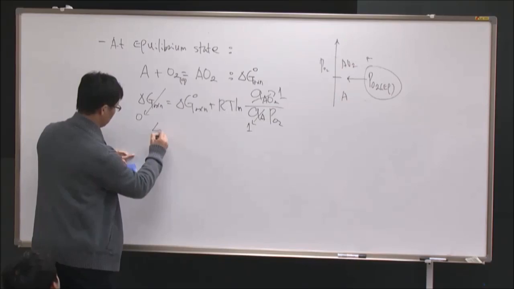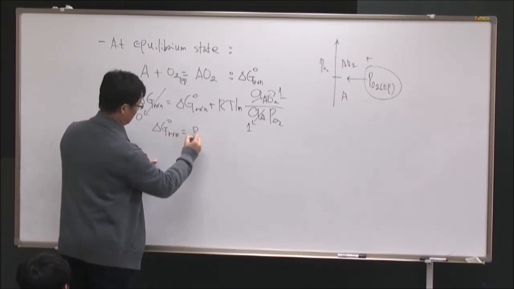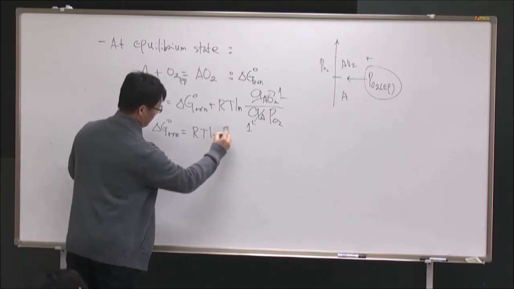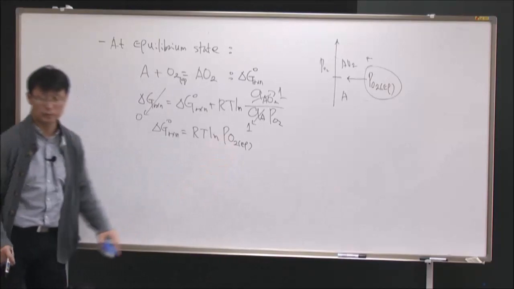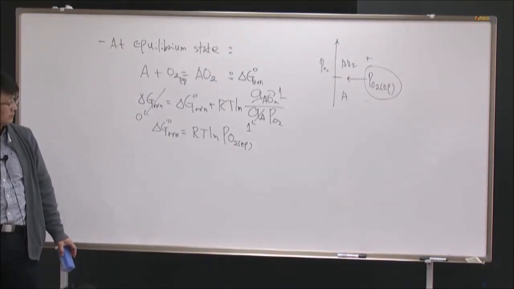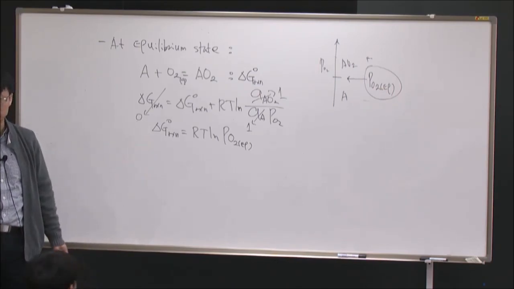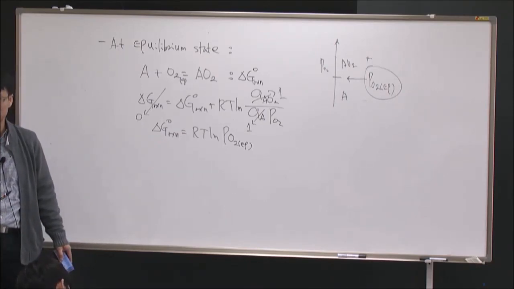Then eventually delta G naught of reaction equals RT ln PO2 equilibrium. So mathematically we can do this calculation like this, if we know the delta G naught of reaction value directly.